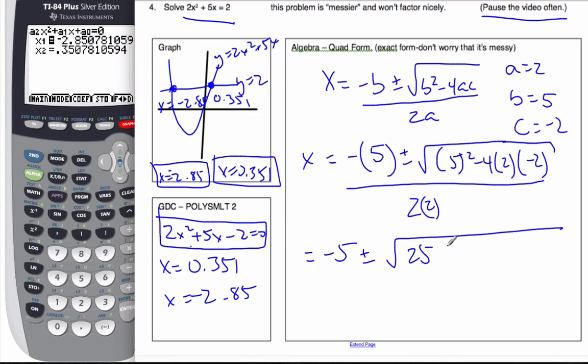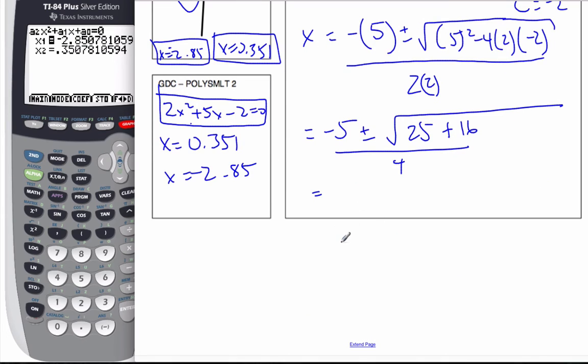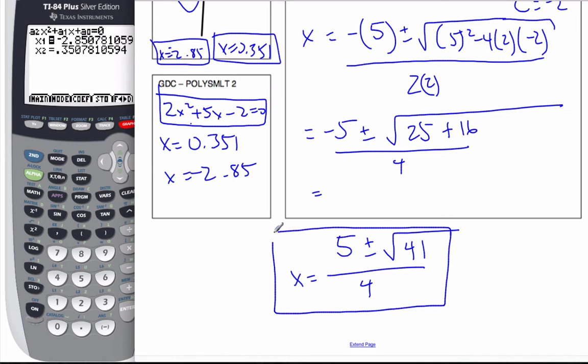Two negatives make a positive, so it's positive 16 over 4, which gives me negative 5 plus or minus the square root of 41 over 4. And I am going to leave it like this. This is the exact value, and this is 100% acceptable.